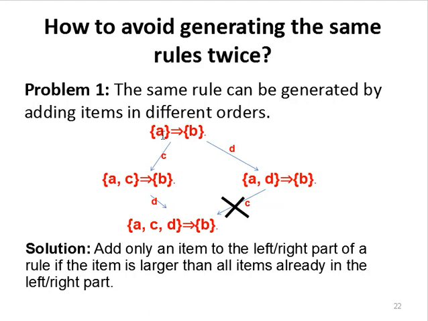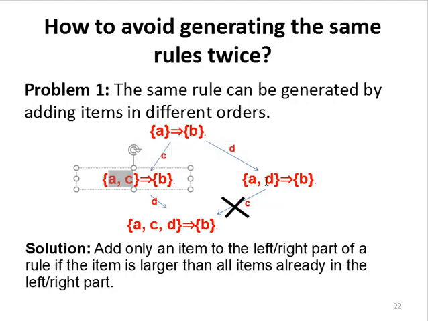So that means if we have AB, we can add C or we can add D, because C is greater than A, if we use the alphabetical order, of course. Okay, so we can add C, we can add D. Then here, if we have ACB, we can add D, because D is larger than all the items in AC. So it works.